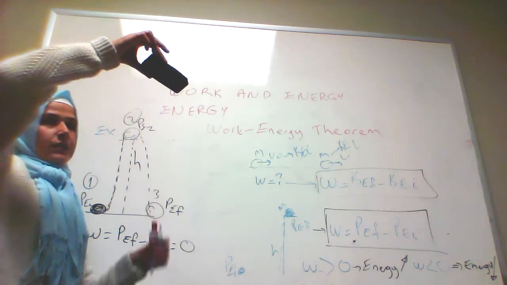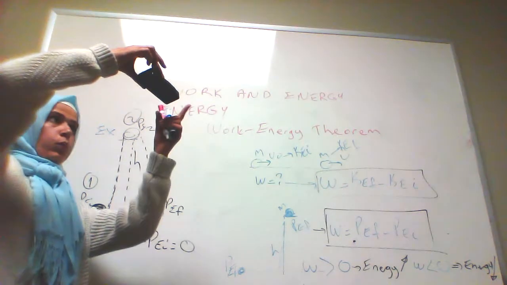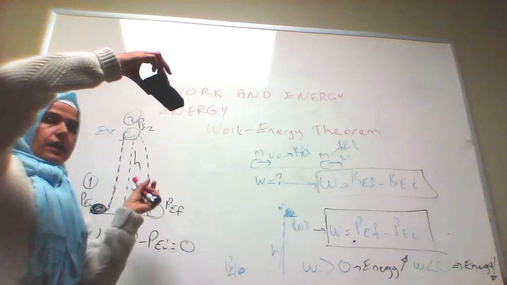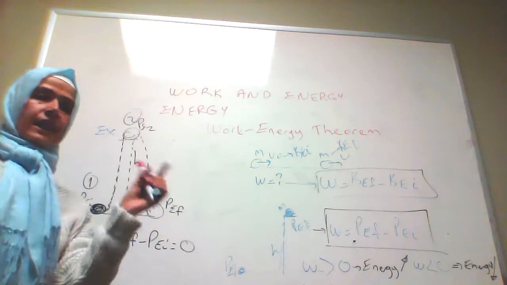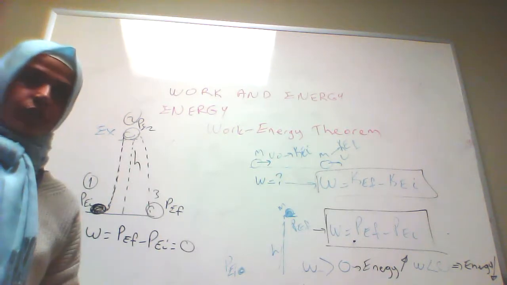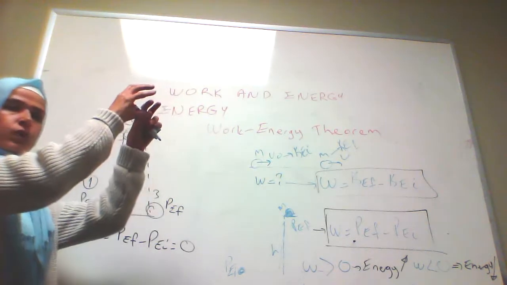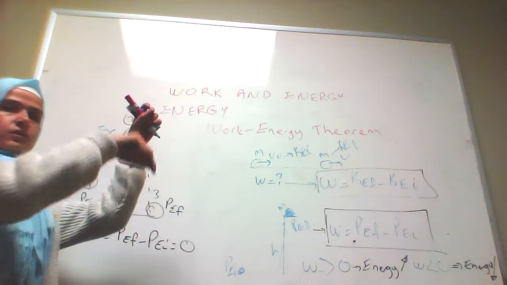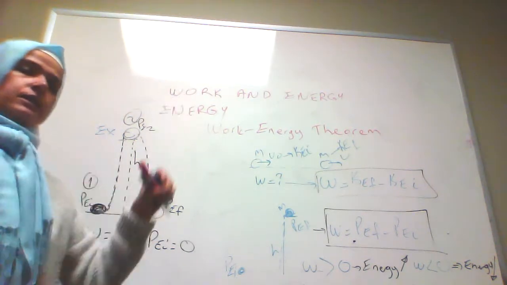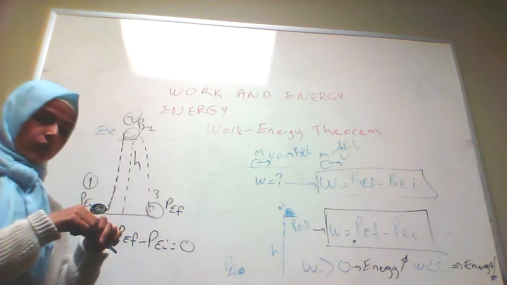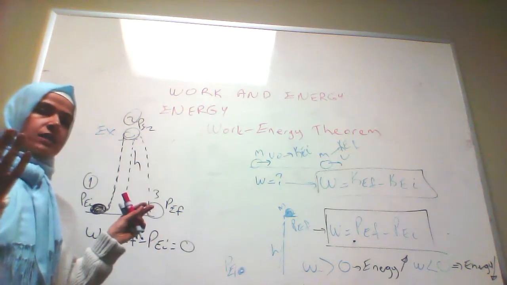And then you drop it. Let's say this work is 10 joules, okay? And then you leave it, and now gravity is doing work against you. And it's equal and opposite to the work you've done. So you've done 10 joules of work, leave it down, and gravity is doing 10 joules of work, and your work is decreasing now. It's equal to minus 10 compared to your work. So the work you've done is 0.